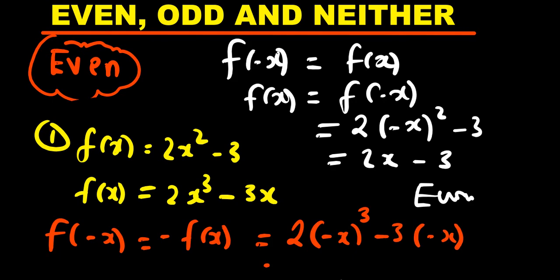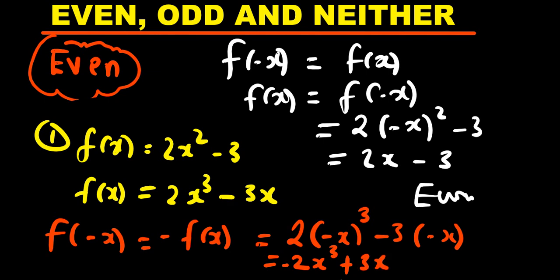Because there's a negative x to the power 3, that will give you a negative x cubed, right? So you're going to have negative 2x cubed. Then your negative 3 and your negative x, what are they going to give you? They're going to give you a positive 3x.